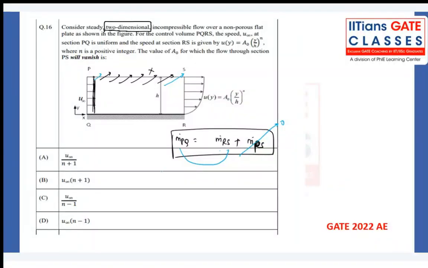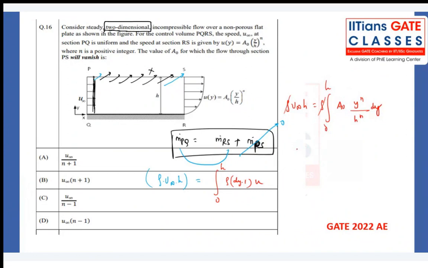Now, the mass flow rate at PQ, everyone knows, is rho into U infinity into H. And what is the mass flow rate through the RS section? We have to perform the integration: 0 to H of rho into dy into 1 into U. But U is given as something like this: rho into U infinity into A naught into (y to the power n over h to the power n) into dy.